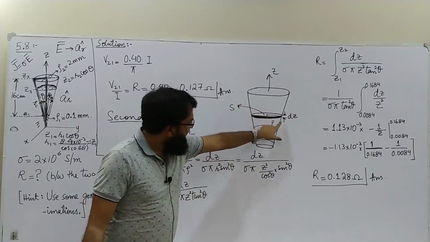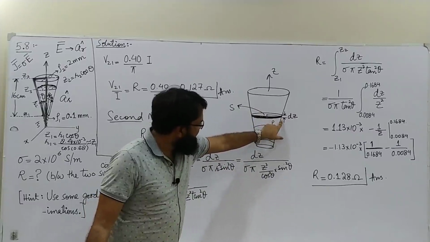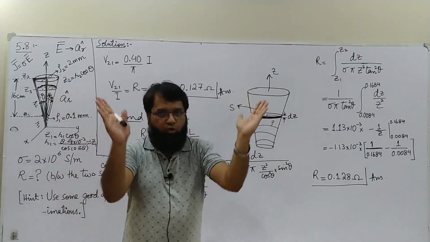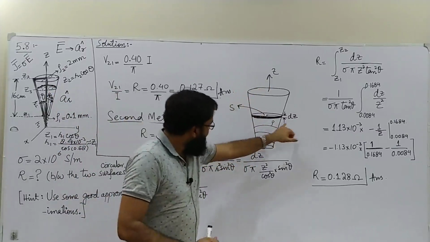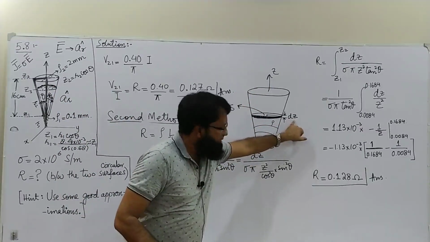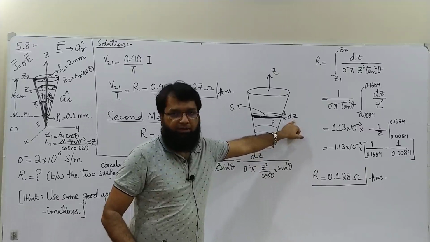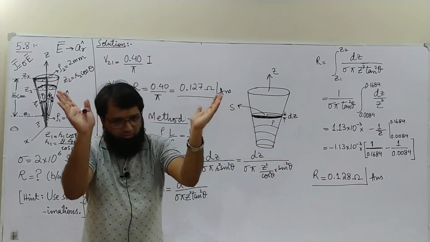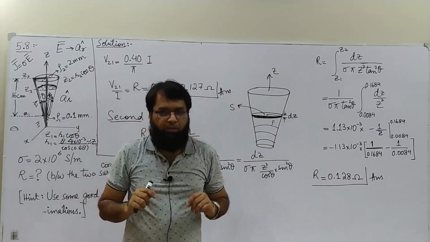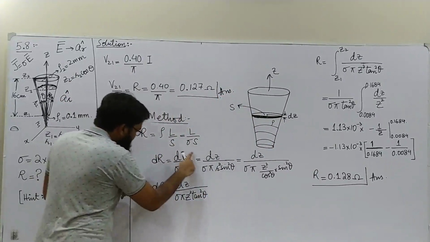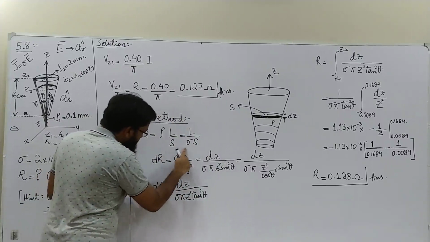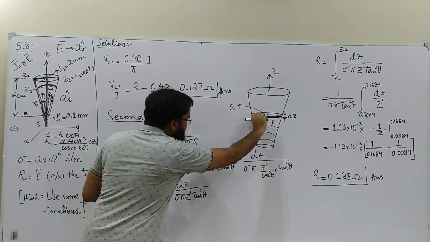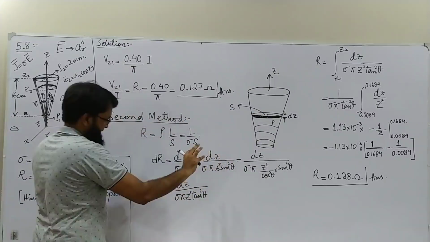The smaller this dz, the lesser will be the effect of the cone. Since dz is of infinitely small thickness, the effect of the cone, which is the tilted sides, will vanish. So this expression is actually quite accurate for the contribution of resistance due to this small disk.